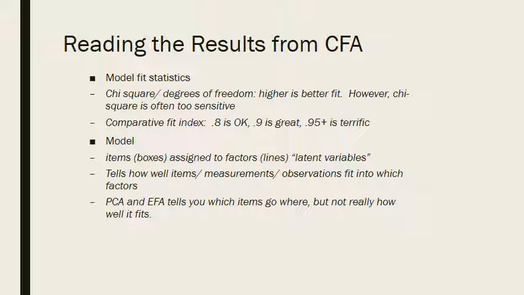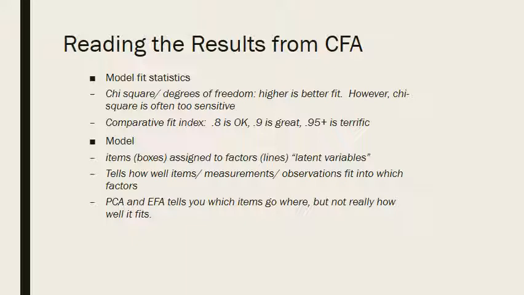For the model, when you read it in an article, you're going to see these pictures, and the boxes that you see are items, so questions in a questionnaire typically is what we'd be looking at in psychology research, and they're going to be assigned to factors, or latent variables. Those factors are going to be circles in your model, so you're going to see a line going from your item box to your circle, and it shows you which factor that the researchers assigned the item to a priori, so in their hypothesis.